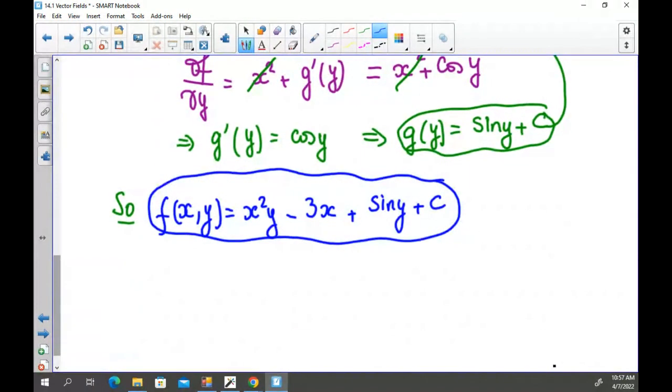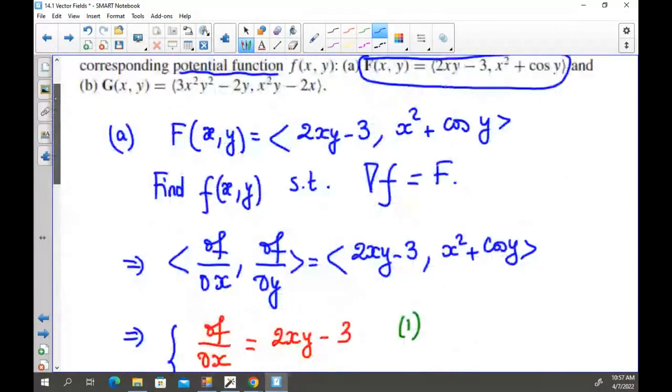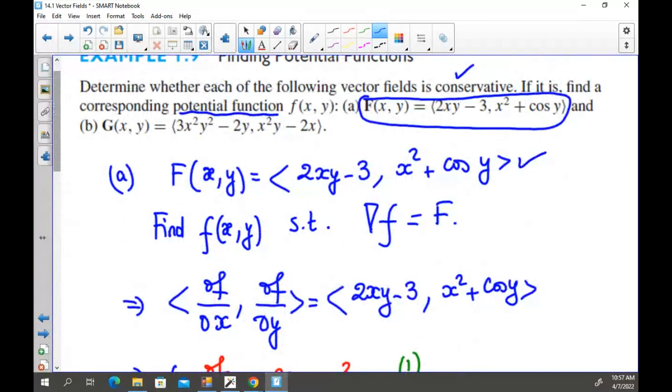Now, if you want to check that this work is correct, what can you do? Find the gradient. This gradient should be exactly equal to the vector field we started with.